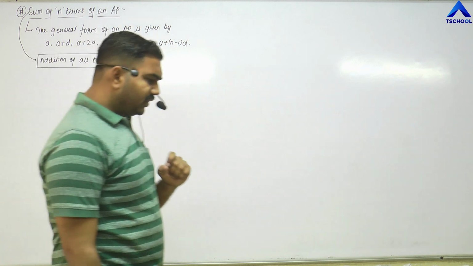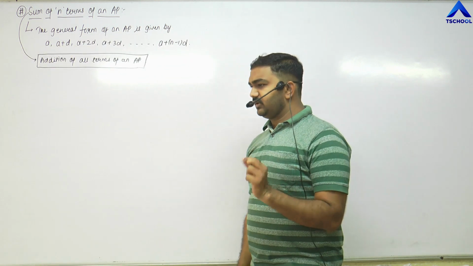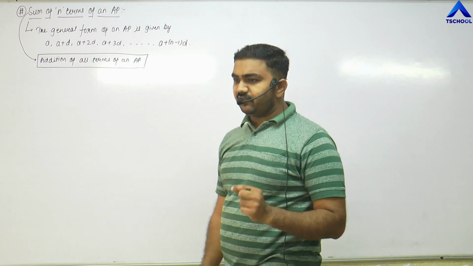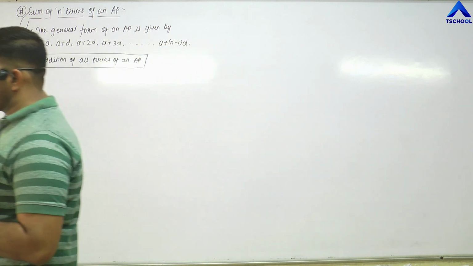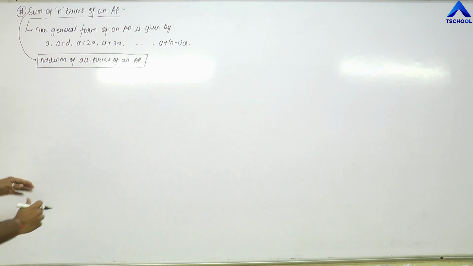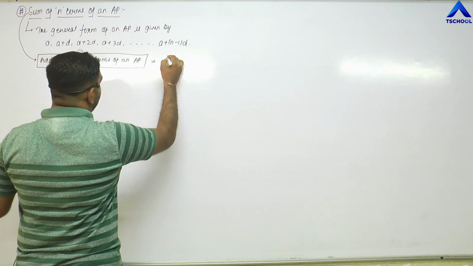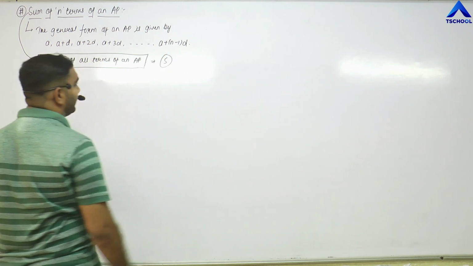So the sum of n terms, or let us simply call it the sum of all the terms of an arithmetic progression, is given by the letter capital S, right?